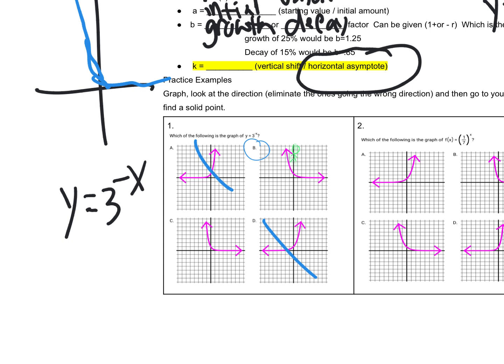Okay, so number 2. Put that in y equals. So how do you know if the parentheses makes a difference? If you're not sure, then I would put it in y1 with parentheses and y2 without, and see if it changes the graph or the points. If you don't know and you don't want to put both, then put it with parentheses.